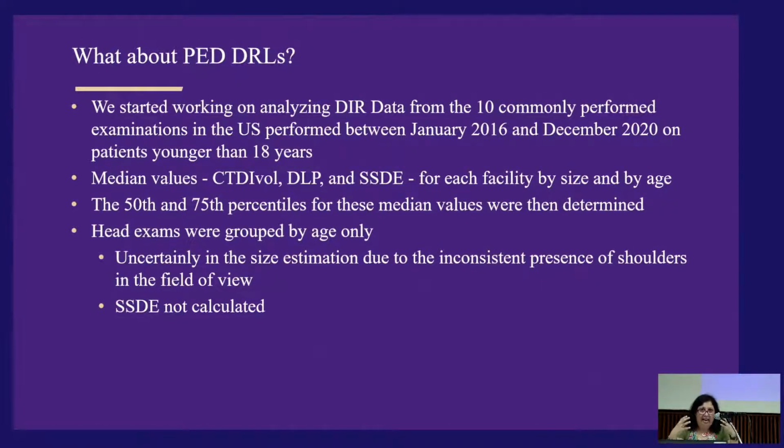So for head, for pediatric patients, we only did calculation as a function of age and not by size because it was causing too much uncertainty in our data because of shoulders being in the way. And we did not calculate size-specific dose estimate because when we were analyzing this work, half the data did not have SSDE because SSDE for heads did not get published till I think 2018, somewhere there. So we just decided not to include that for the heads.